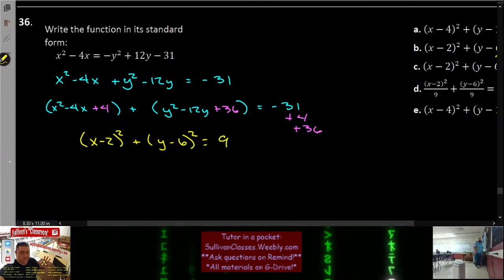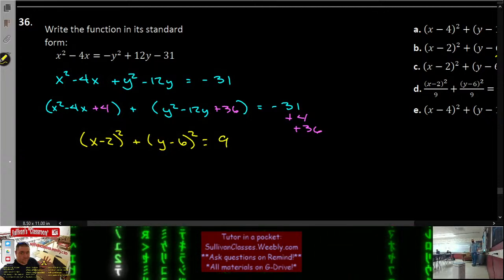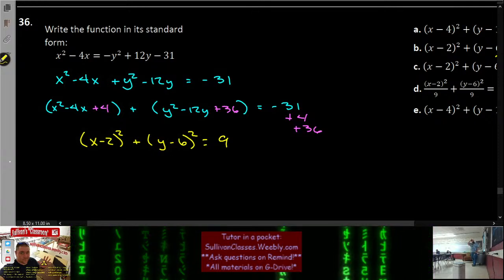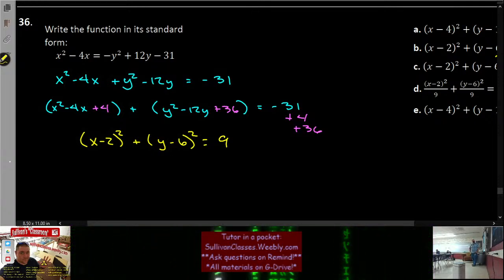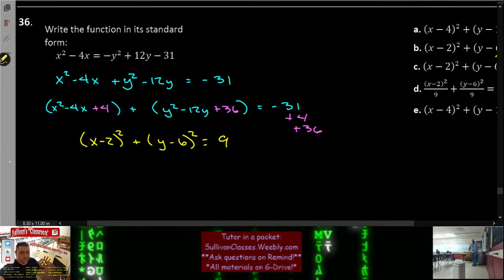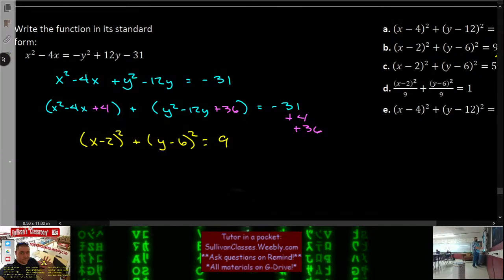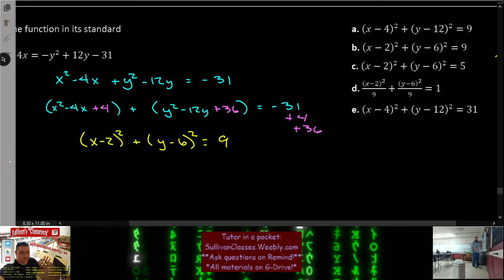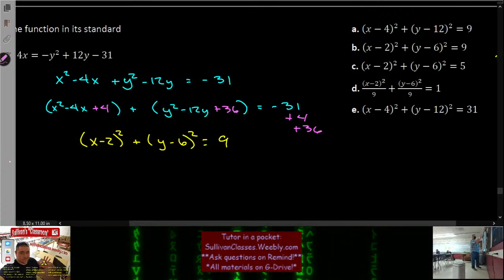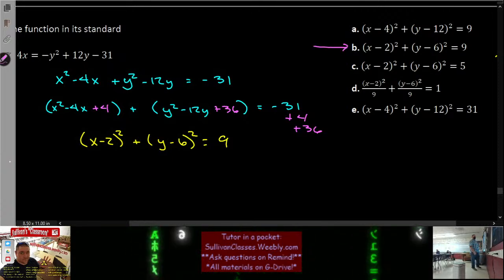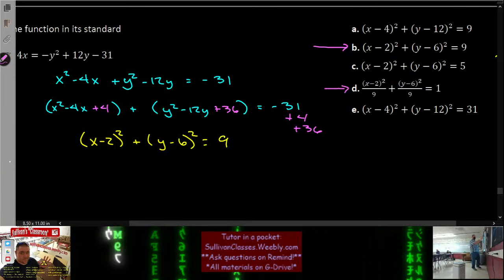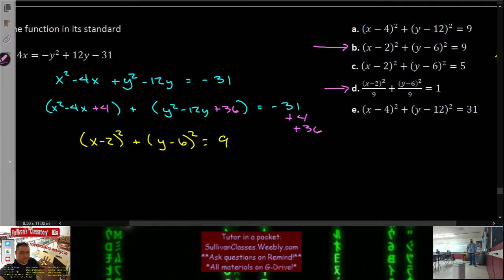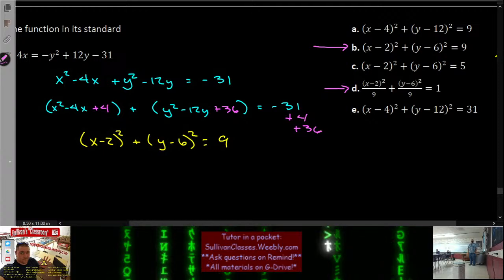Wait a second. It's right there, but then I always had to divide and get 1 on my ellipses.